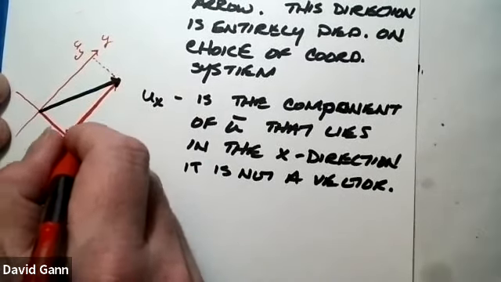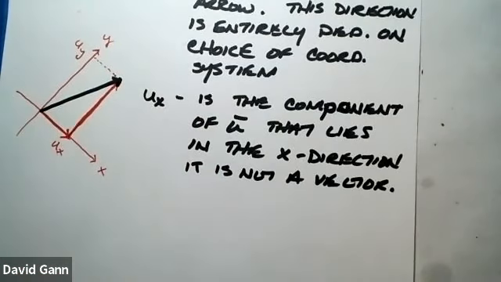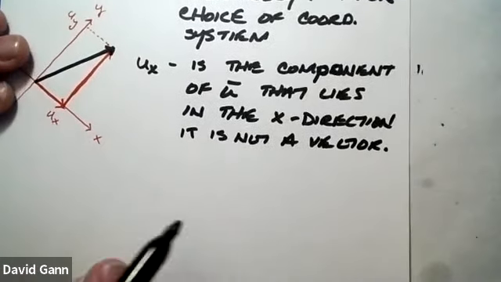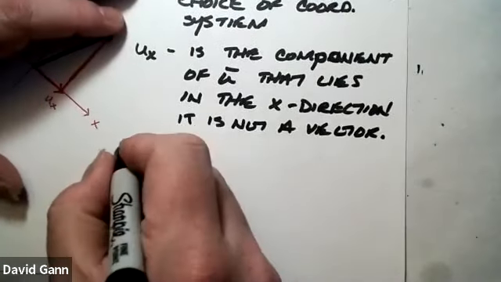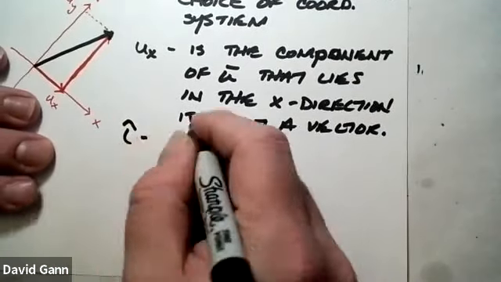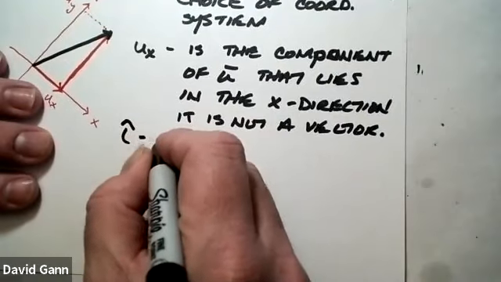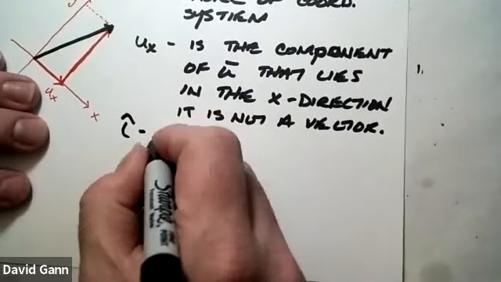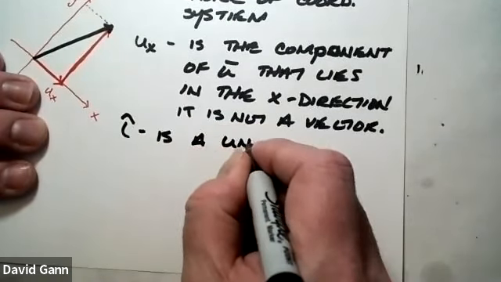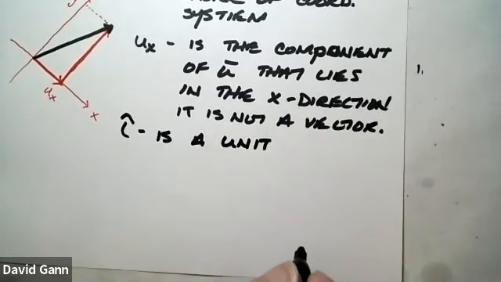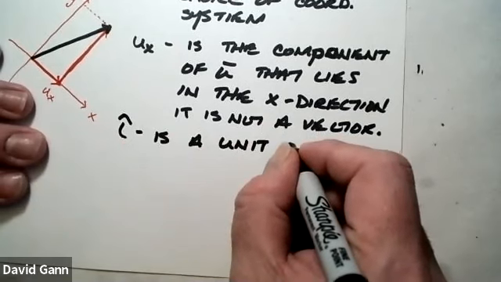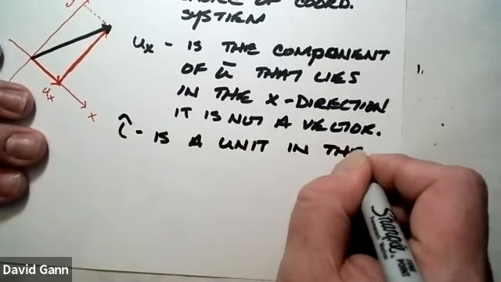So the idea is that I can represent these in a couple different ways, but I would need to come up with a unit vector in this direction. And so I'm going to go ahead and do that right now. I'll use the letter i with this funny looking hat on top of it. Now again, these are based on the coordinate system that you select. So i hat is a unit vector, meaning it has a length of 1 and no variables attached to it. So i is a unit vector in the x direction.